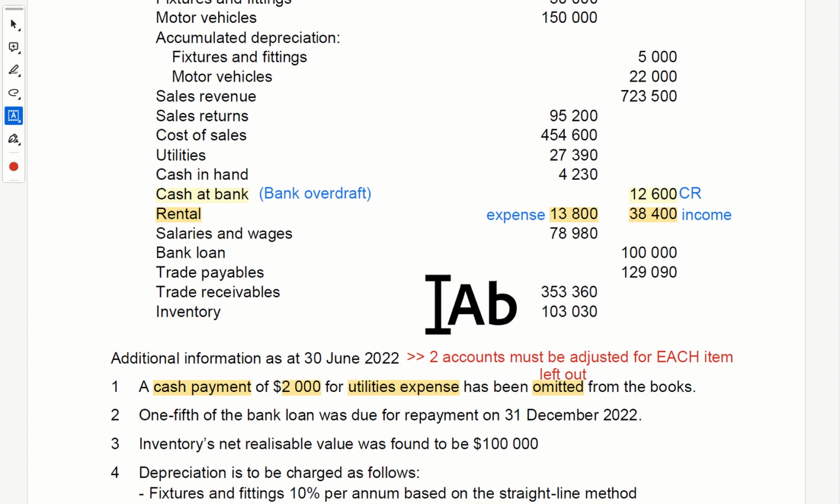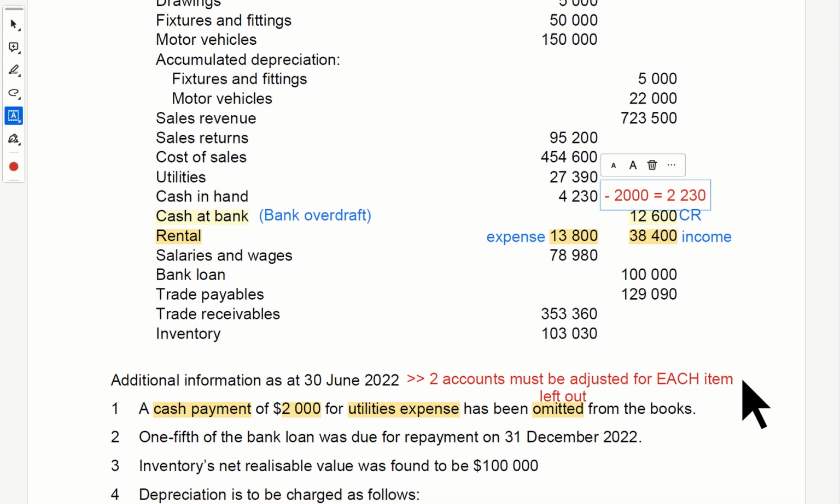If it's a cash payment, I will look for my cash in hand, 4230, and there has been a payment. So I will need to minus 2,000. That's the first account that has been adjusted.